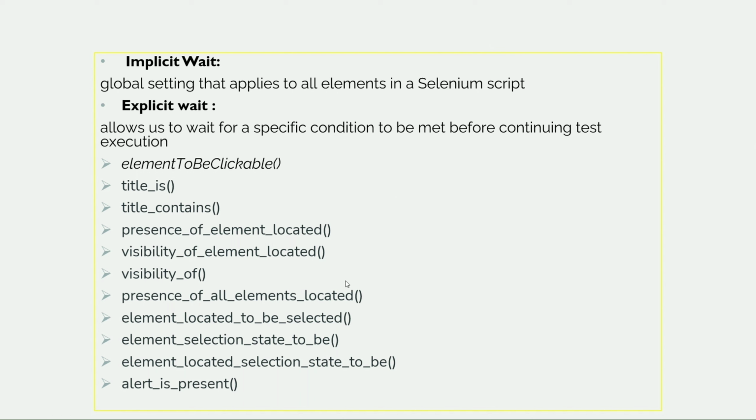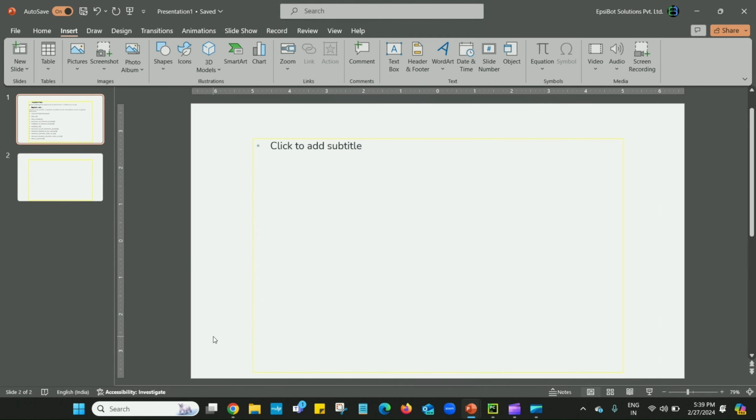Presence of all elements, here we can pass the list of web elements. Again, element located to be selected means it will check whether a particular element is selected or not. Then selection state to be, element located selection state to be, alert is present. Like this, these are the different methods or conditions available in explicit wait.